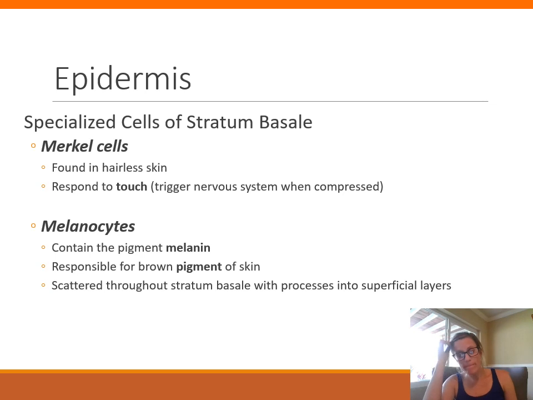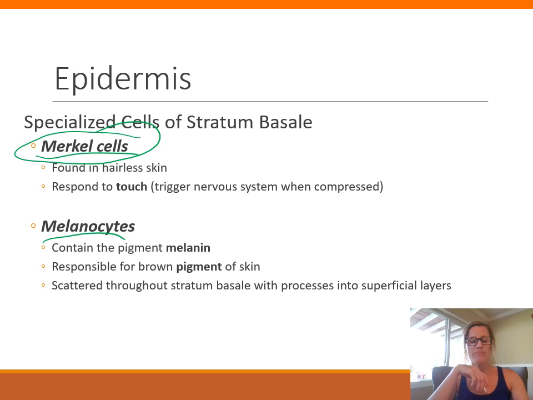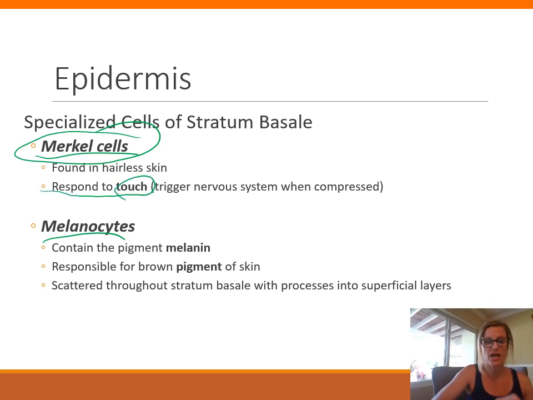Now, most of the cells in the stratum basale are basal cells that divide, but we do have a couple types of special cells that are scattered throughout the stratum basale. These include Merkel cells and melanocytes. Merkel cells are specialized cells that respond to touch.